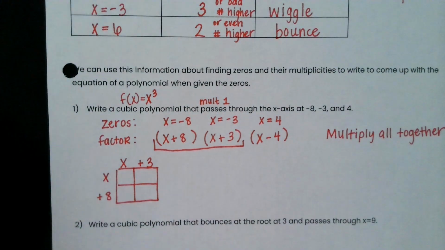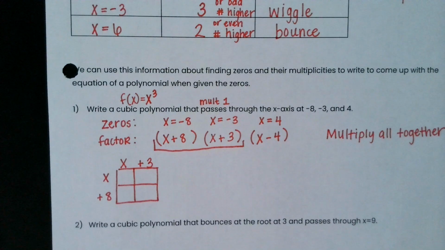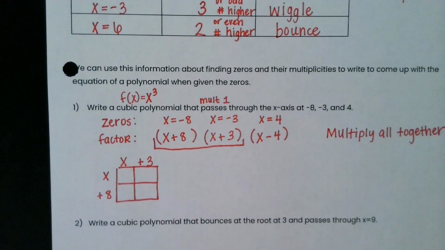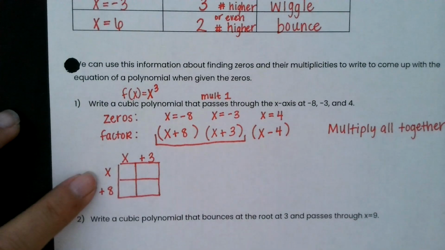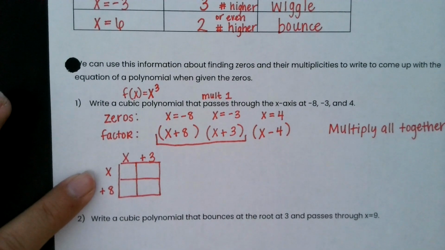This is why we did a whole quiz and test where we're just practicing multiplying, adding, subtracting polynomials, because we had to know how to do this stuff first before we could do this cooler stuff. It's definitely cooler. Passing, bouncing, and wiggling is way cooler.